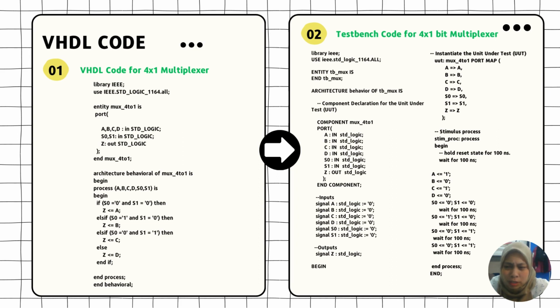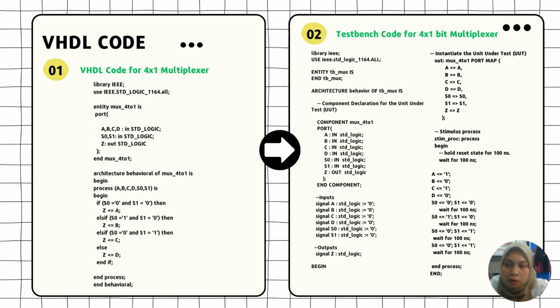The output, denoted as Z, is determined by the control signals, where the selected input corresponds to the combination of S0 and S1 values, and the process statement checks the control signal values and based on their combinations assigns the corresponding data input to the output Z. This straightforward implementation allows the multiplexer to efficiently route data from one of the four inputs to the output, depending on the control signal values, making it a versatile component in digital circuit design.